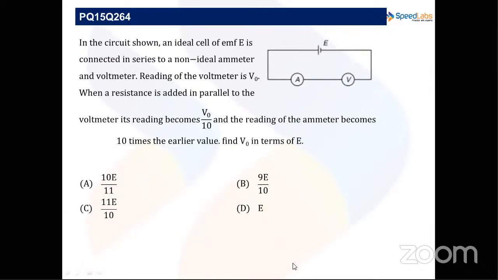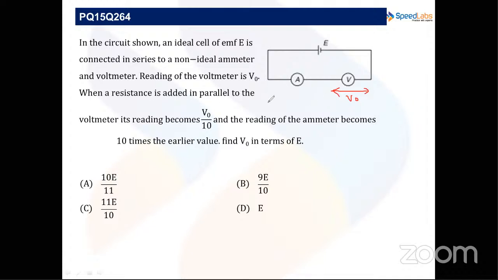in the circuit shown, an ideal cell of EMF E is connected in series with a non-ideal ammeter and voltmeter. The reading of the voltmeter is V0, so initially the potential difference across it is V0.